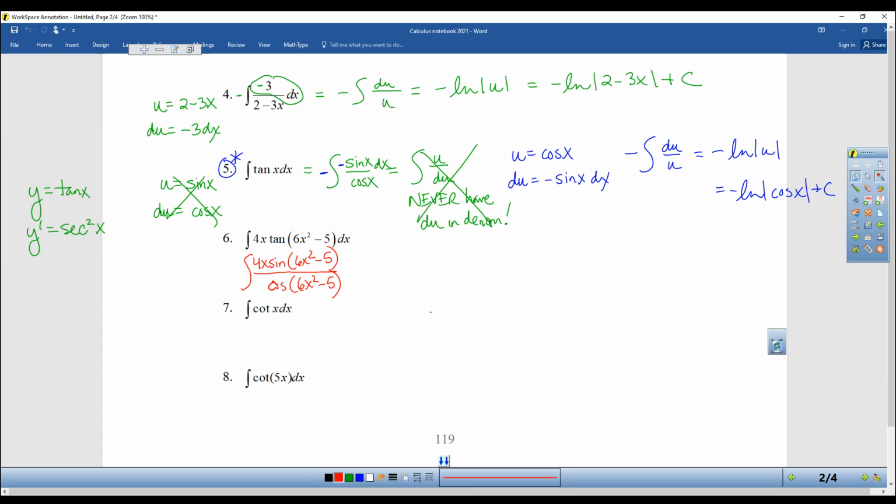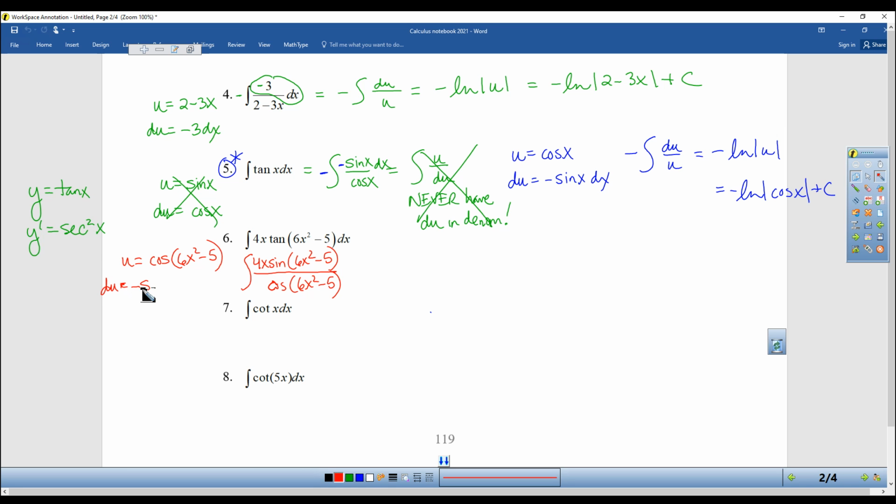And remember from last time that when you have two trig functions and one of them is going to be your u, in this case we've already learned from number 5 that it's going to be the bottom one, that it's okay to have something other than just x here. So u is not going to be 6x squared minus 5. When you have two trig functions, one of the entire trig functions is your u.